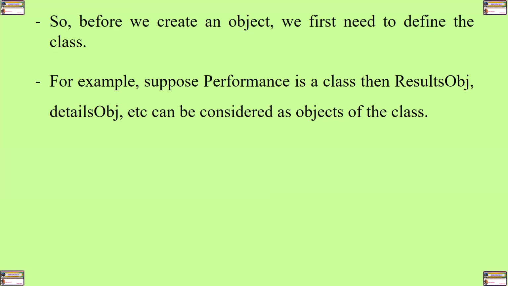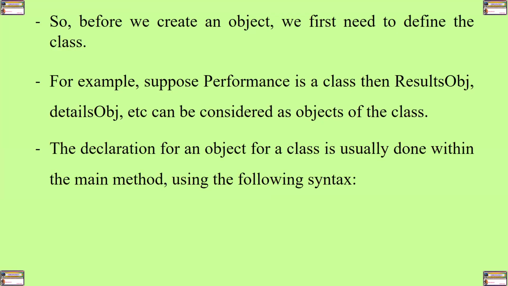Therefore, my dear students and the rest of the learners, if you have a class called performance, then results object, details object, etc. can be considered as objects of this class. This simply means that you can have several objects manipulating the same class, for example, results object and details object, all of them being for the class called performance.